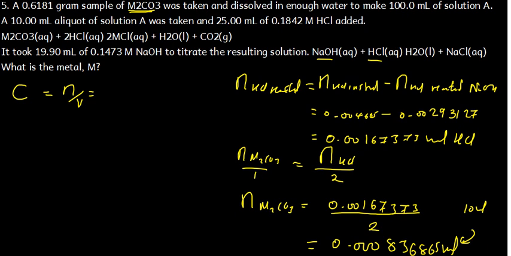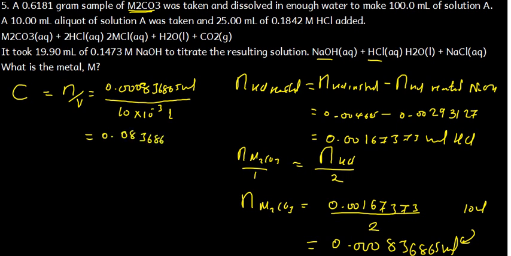The number of moles we've already found as 0.00083685 moles, and we know that these moles were present in only 10 milliliters. So divided by 10, we convert this 10 to liters by multiplying by 10 to the power negative 3. And that is going to give us 0.08368665 molar. So this is the concentration of the compound M2CO3.